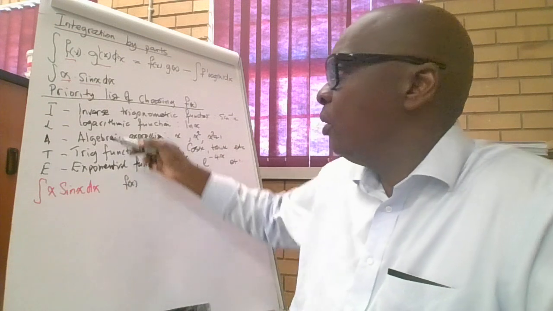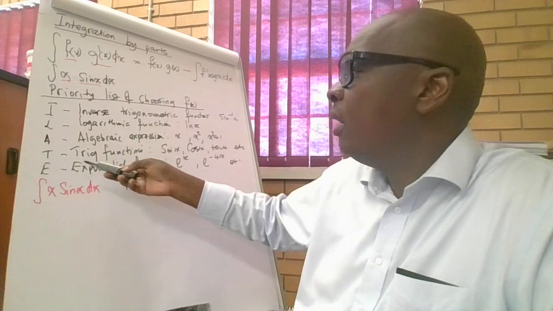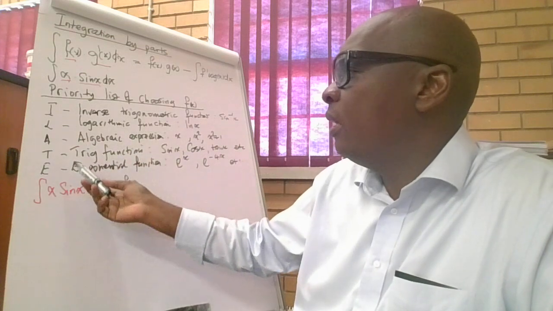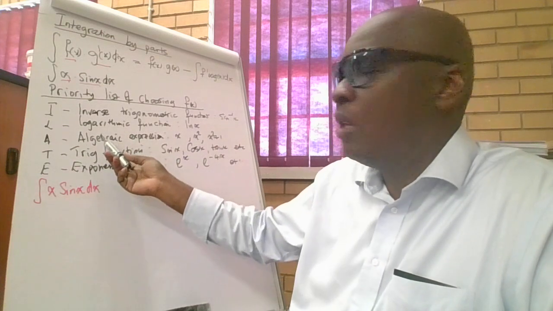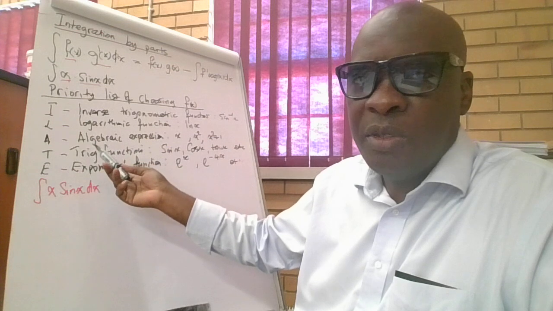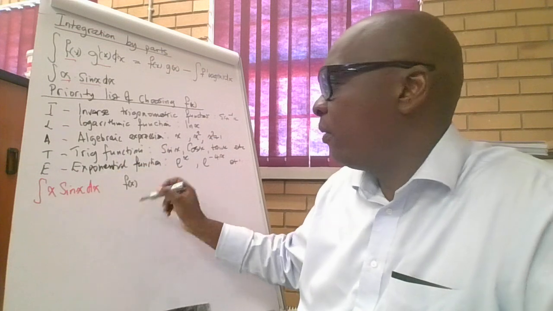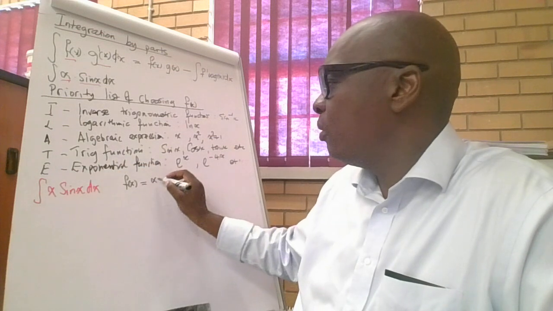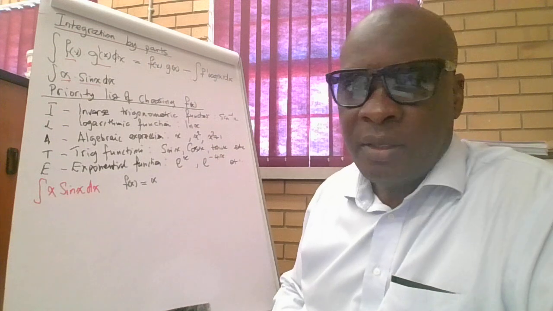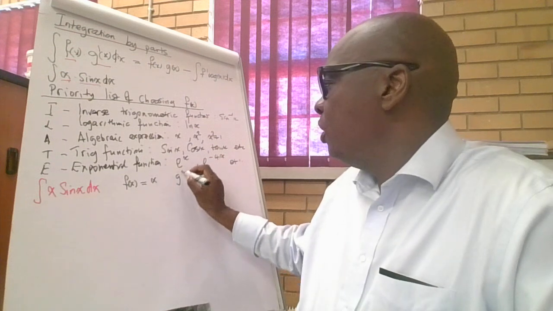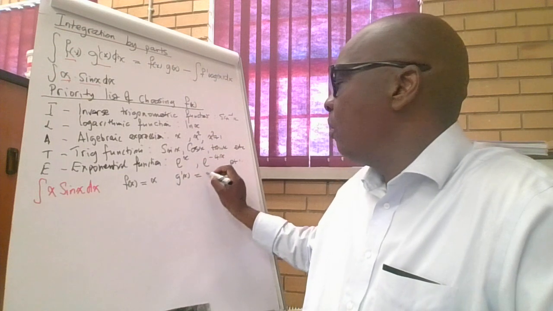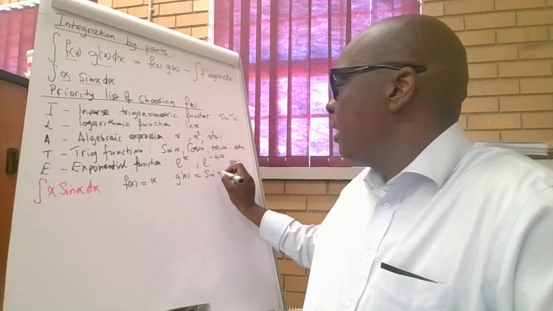In this case, if I look at my priority list, I have an algebraic and then a trig function. So the algebraic becomes my choice for f of x. So f of x would be equal to x. And it follows that g prime of x would then be equal to sine x.